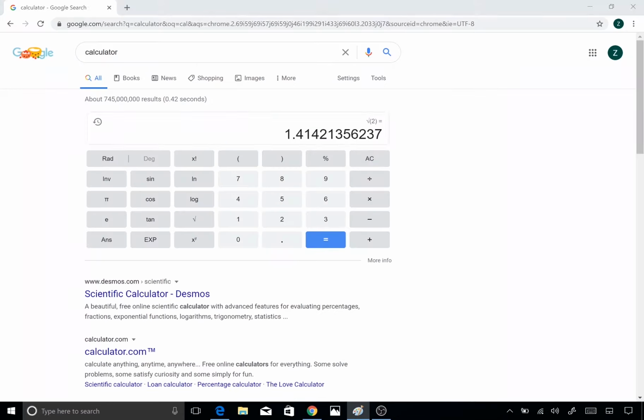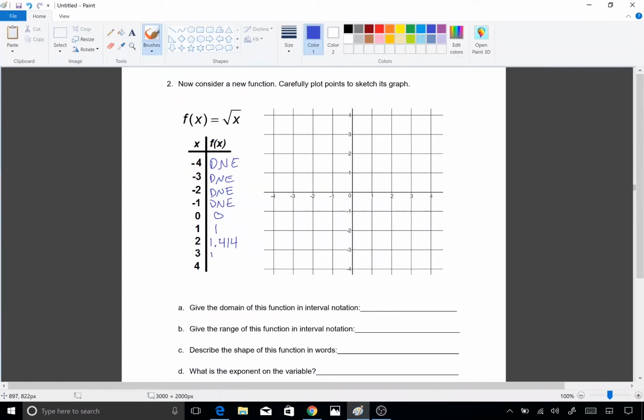The square root of 3, 1.732. And the square root of 4 is 2. We plot these points on a graph. It's going to look something like this. We have a curve.